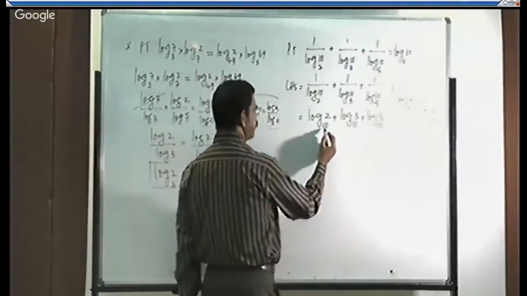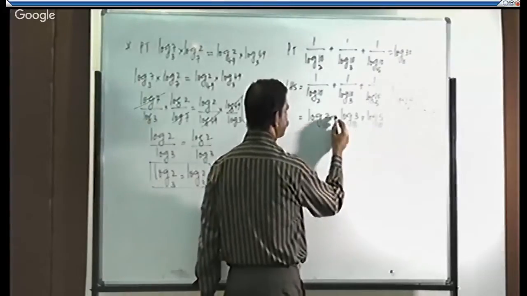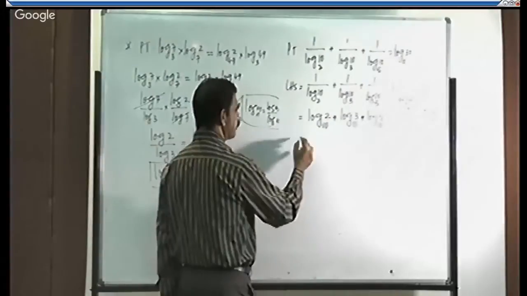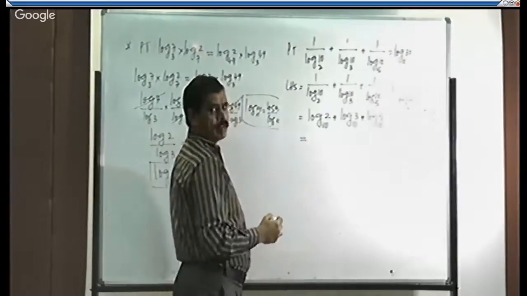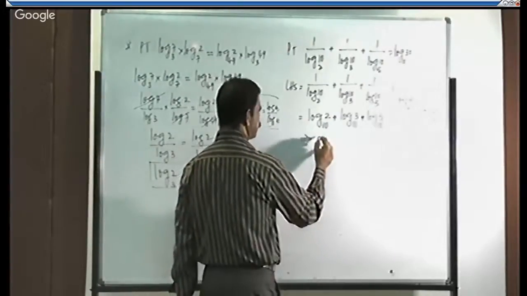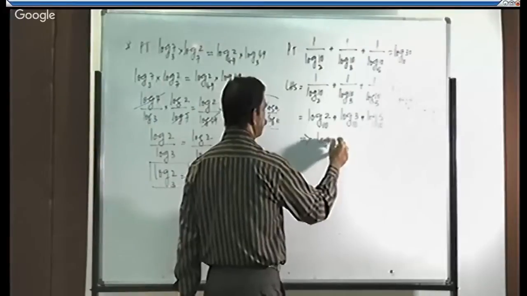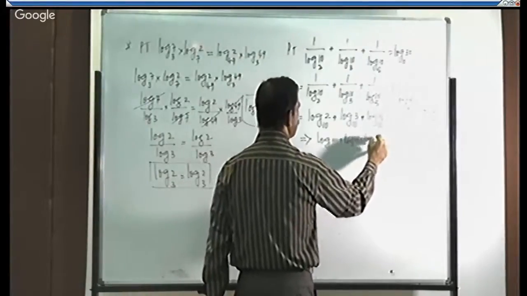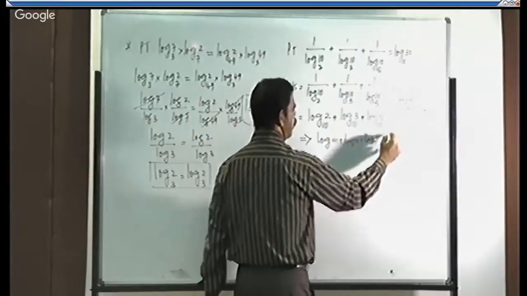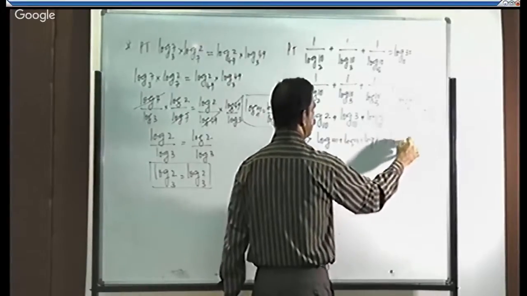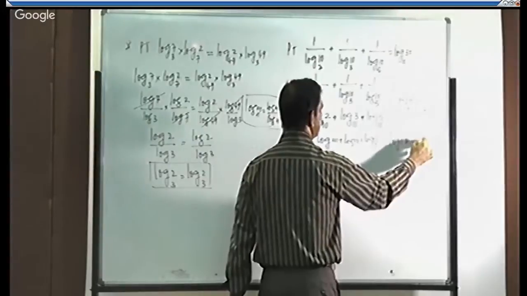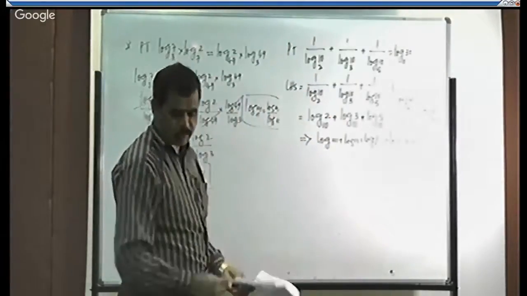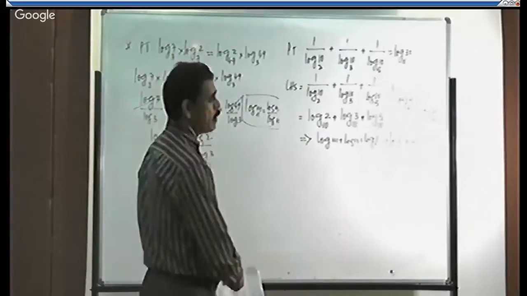So when we have a common base with a positive sign between any number of terms, we can use the first law. What the first law says: log m plus log n plus log p is equal to log of m into n into p. So it can be extended for any number of terms.